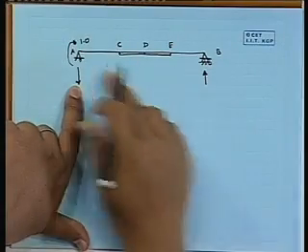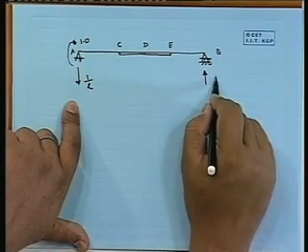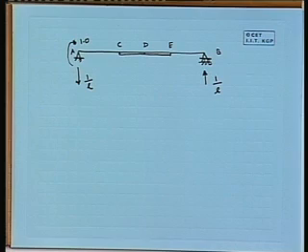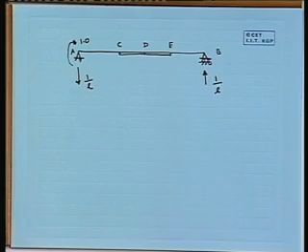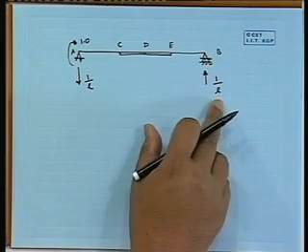So, this force will be, total length is L, 1 by L, 1 by L. The moment part is a little bit confusing. Sometimes a force we can handle much more conveniently. Moment sometimes creates problems, because this moment is applied here and the reaction will come in that manner.